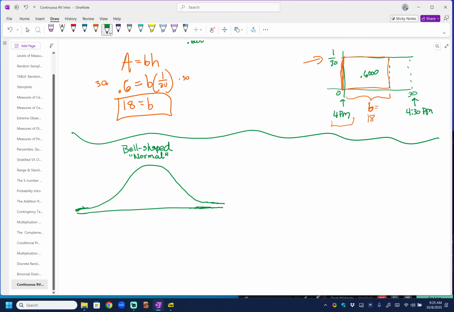That area, of course, of 1 is perfectly divided symmetrically by the very middle, which we call the population mean mu in a normal distribution. Now note, when we're dealing with a lot of normal distributions in the beginning, we're going to be talking about populations.